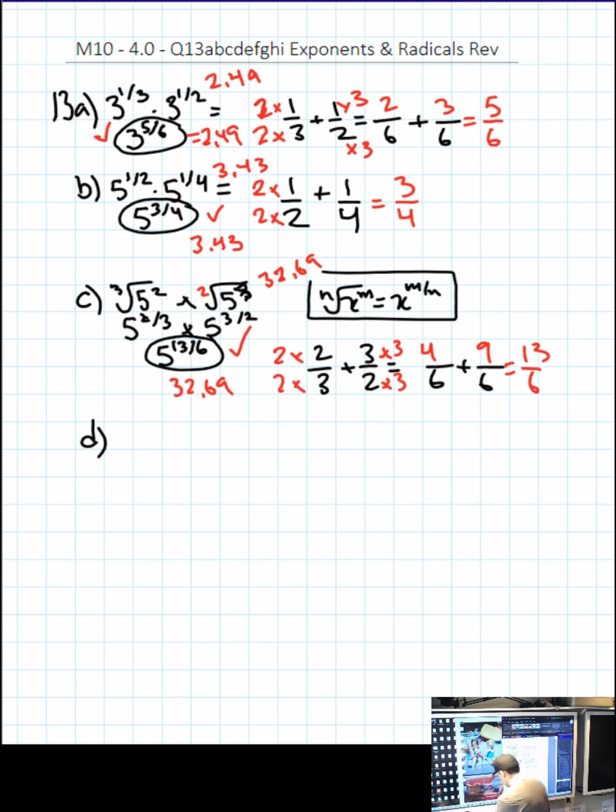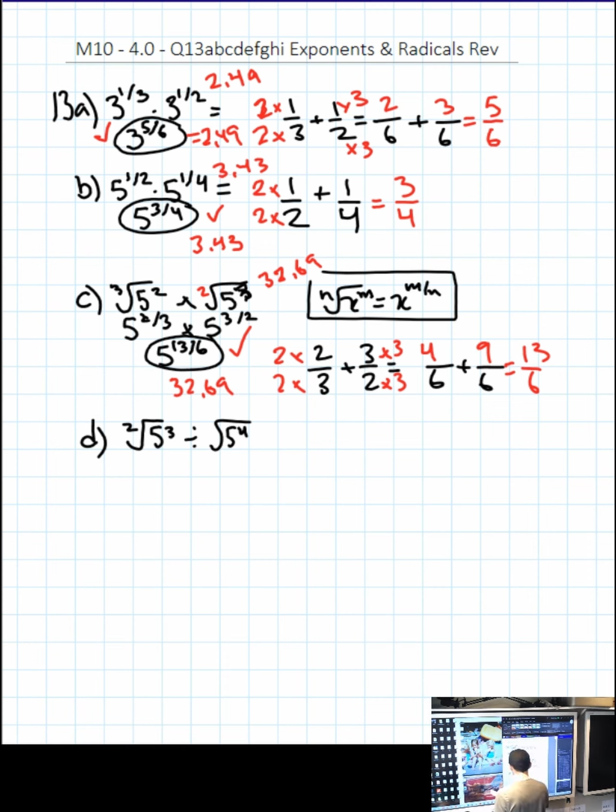Okay, D. So this time we have the square root of 5 cubed divided by the square root of 5 to the 4. So again, we can convert our roots.